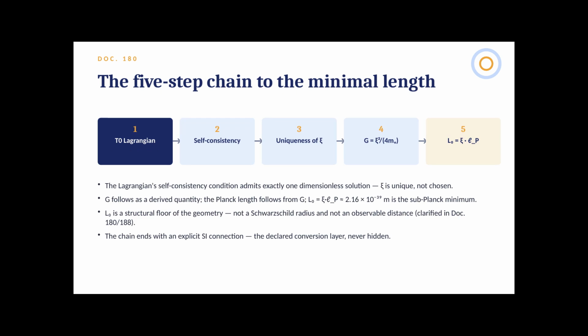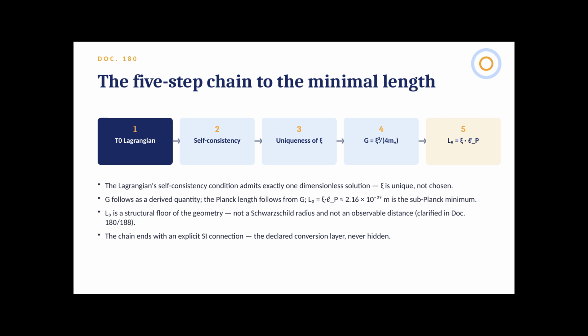Slide 21. Watch this chain, no free step anywhere. You start with the T0 Lagrangian. Its self-consistency condition admits exactly one dimensionless solution, so Greek x is unique, not chosen. From there, g, the gravitational constant, follows as a derived quantity.